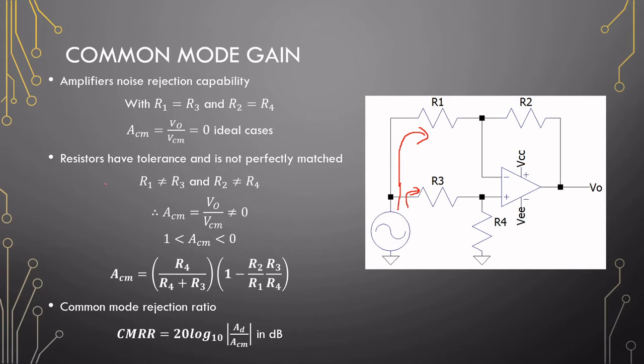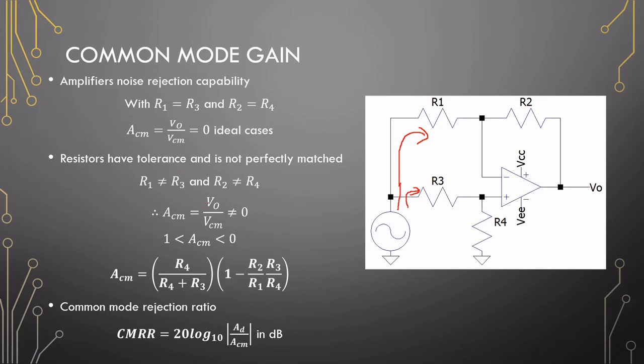And one of the other factors is resistor tolerance. We don't have perfect resistors when we build things, so if we input a perfect signal, the result will not be 0. Okay, in any ideal case, the common mode gain will be 0 because output voltage divided by this common mode signal should give us a 0 result.